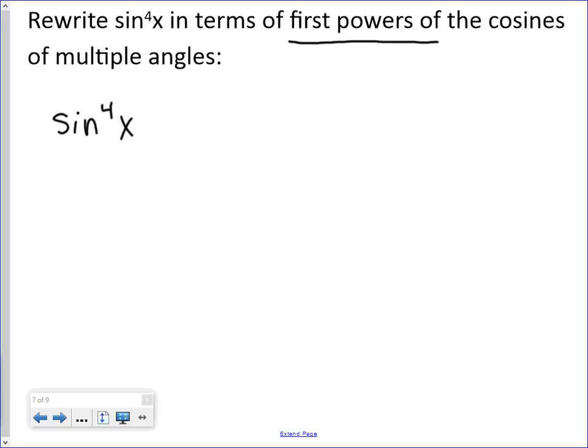Also, we're putting it in cosines of multiple angles. So your answer is going to have a lot of cosine of 2x or cosine of 4x or cosine of 6x. It just depends on what your u was, right? Going back to that one example where u was 2x, then we had 4x for our multiple angle.